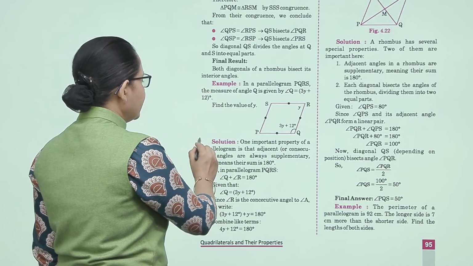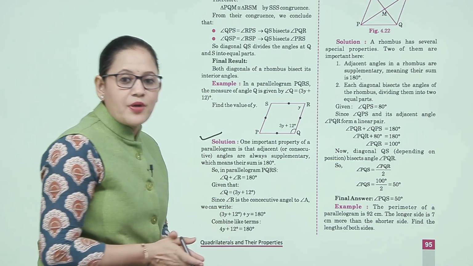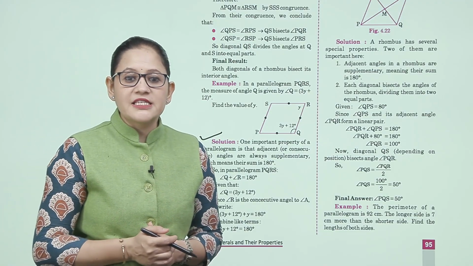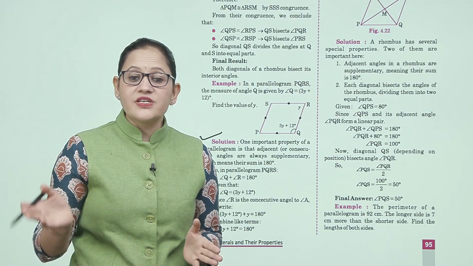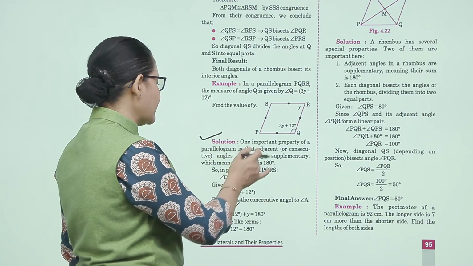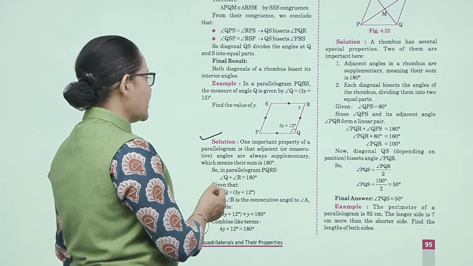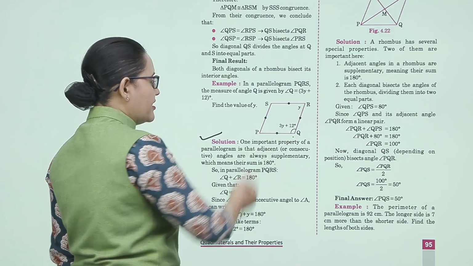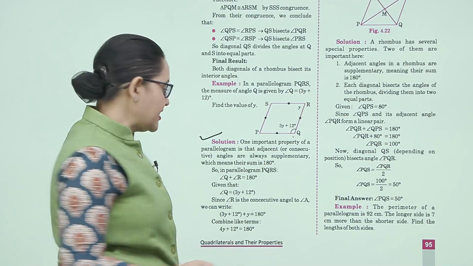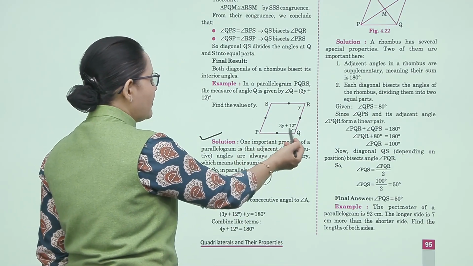Now we'll see the solution. One important property of the parallelogram is that adjacent angles are always supplementary. That we know. That means angle Q and R, the adjacent angles, their total is 180 degrees, and angle Q is given as 3y plus 12 degrees.